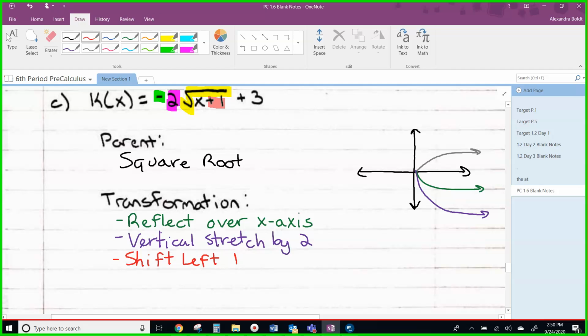So again, I'm going to graph that. So my starting point's always been here. So I'm just going to move my starting point over 1. And to the best of my ability, draw the same shape.